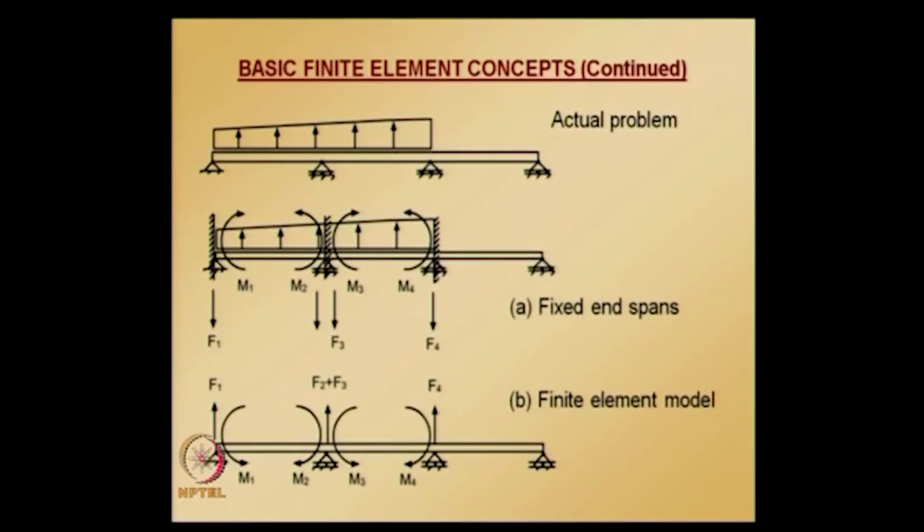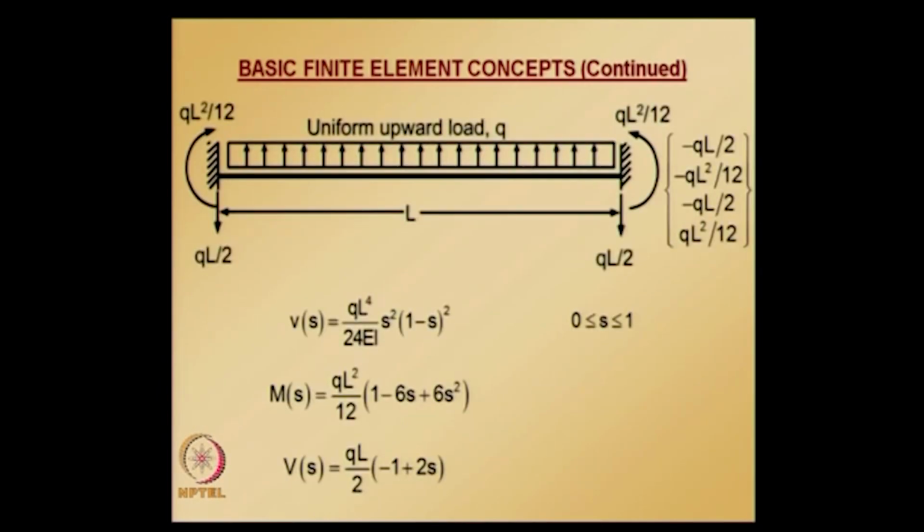When computing element quantities, the exact solution of the fixed end problem is added to the finite element solution. So for example, for the case of uniformly distributed load, these are the exact fixed end beam solutions for transverse displacement, moment and shear.